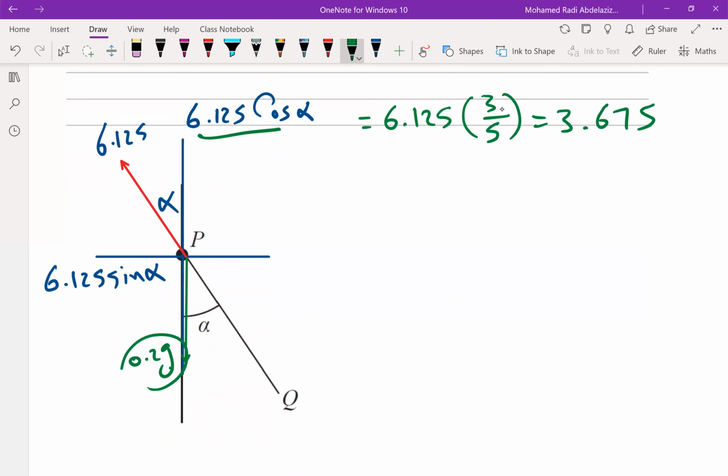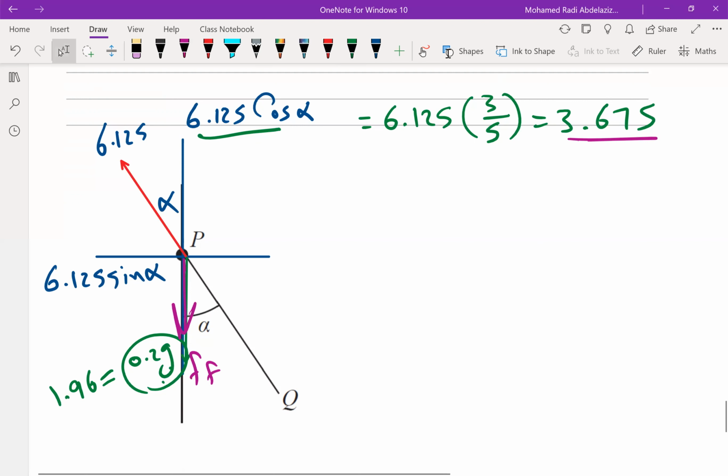And 0.2 times 9.8, this value found before, is 1.96. The force acting up is more than the force acting down. So now the direction of the frictional force is changed to be down.